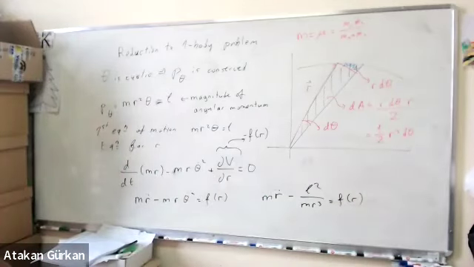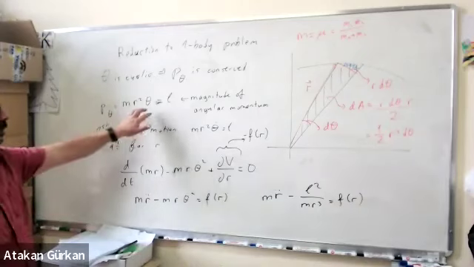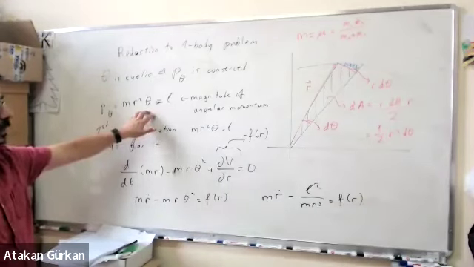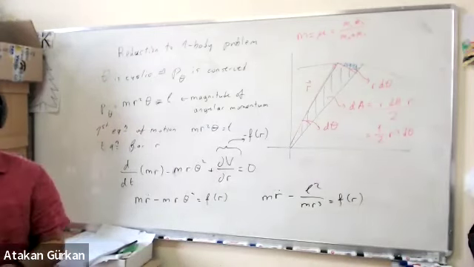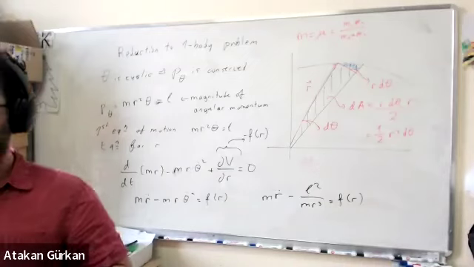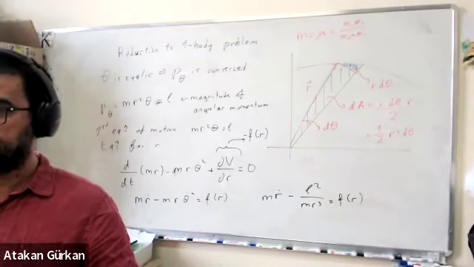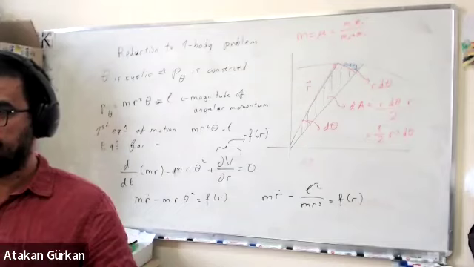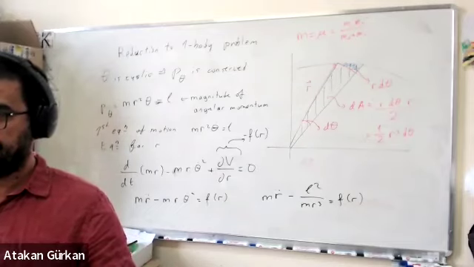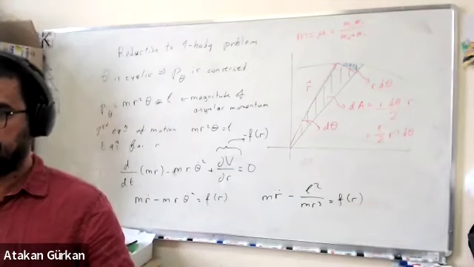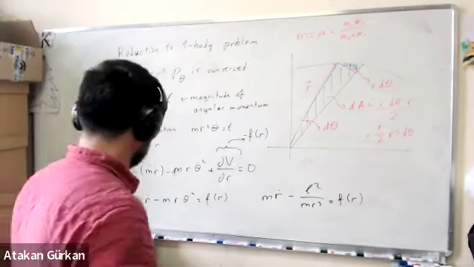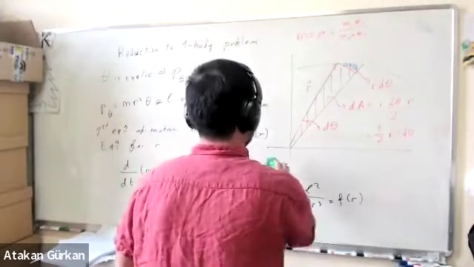Now, there is another integral of motion. So this is one of the first integrals, and there's another integral of motion. What is that for this problem, when your potential is just given by r? It's energy. The energy is going to be also a first integral. And let's write that down.